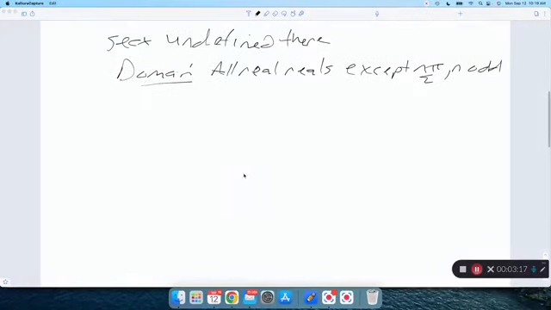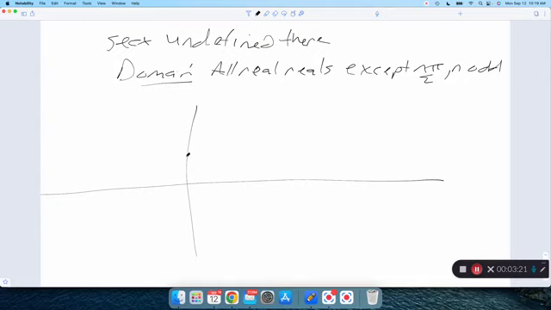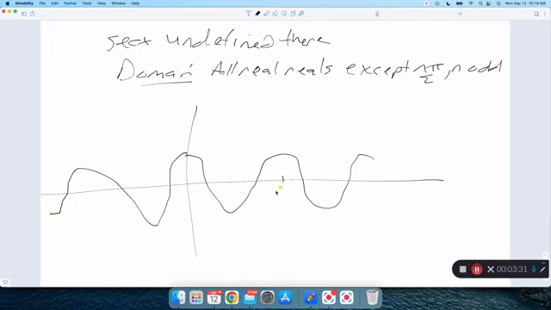Okay, so we got cosine. Let's quickly sketch out that cosine again. So I'm not graphing secant yet. I'm just sketching out cosine again real quick. So this was 2 pi, pi, pi over 2, 3 pi over 2.